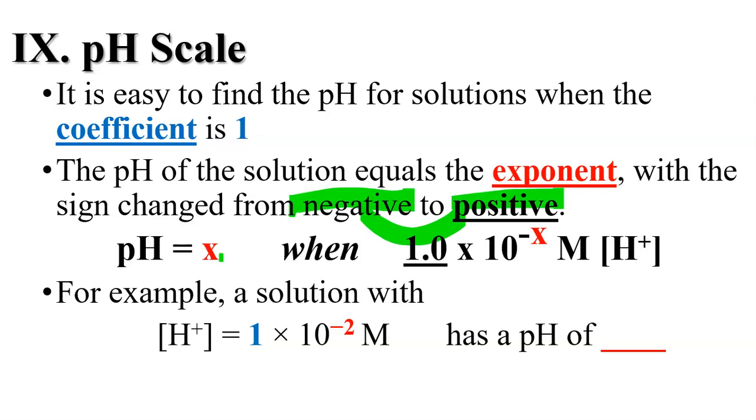All right, so for example, we have H+ is equal to 1, we're good, times 10 to the negative 2. So I'm going to take that negative 2, turn it into a positive, and that's going to say my pH is 2.